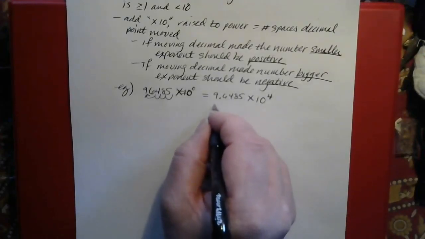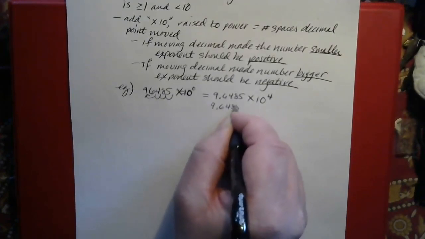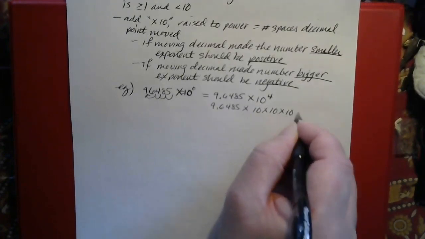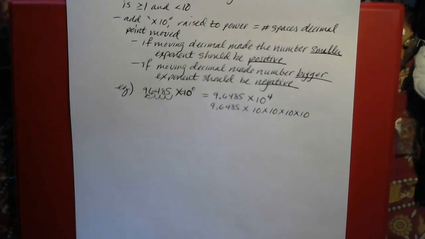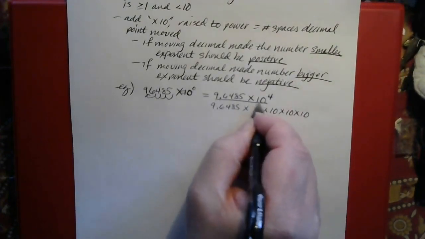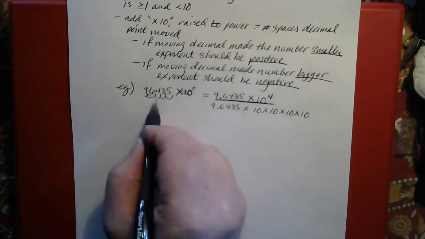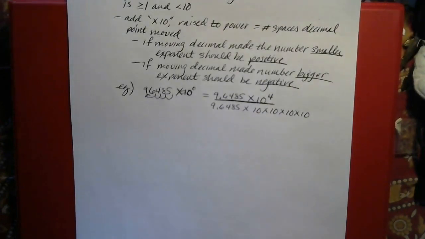And you can even check it, because 9.6485 times 10 times 10 times 10 times 10 should be 96,485. So this is the scientific notation. This is what it means, and this is what it's equal to.